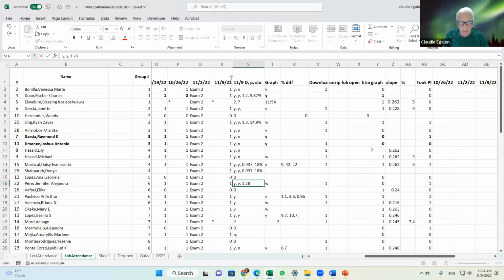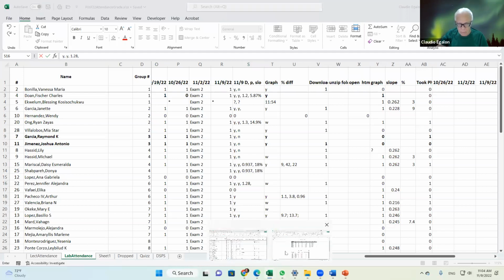0.28. And what's the percentage difference? Okay, good. So it's just a matter of putting the slope there in the proper place, right?